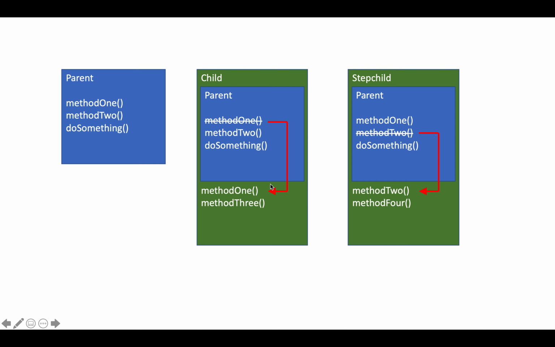And likewise, I didn't show this in this example, but if I had created some stepchild instances, and had done parent p2 equals new stepchild, then again, I would only have access to these parent methods. And if I called method 2, it would still execute this overridden method in the subclass. So we'll be talking more about this in probably future videos.